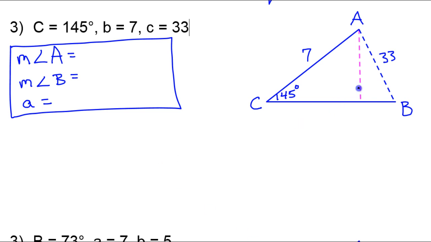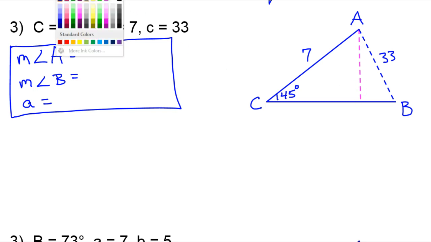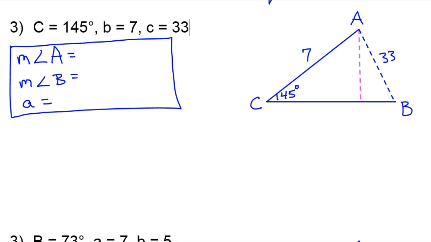To decide how many triangles there will be, we need to know the height. So let's take a moment and calculate the height. Okay, so the height of the triangle, if I'm going to call this h for a minute, we can use the sine function and look at this right triangle that's over here on the left-hand side. So if we say the sine of 145 degrees, that's going to equal opposite over hypotenuse.